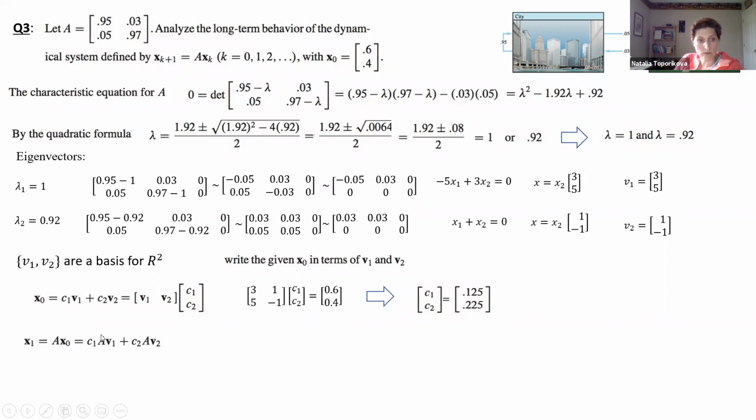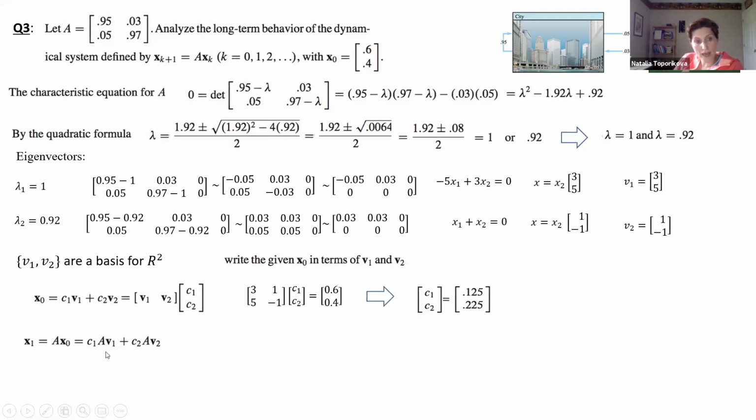Now it's worth thinking about the definition of an eigenvector: the matrix times an eigenvector gives the eigenvalue lambda times the eigenvector itself.